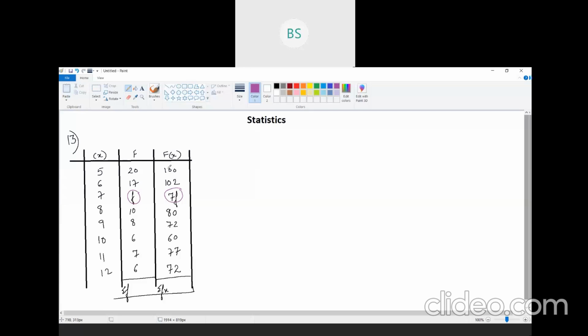Frequency will be 74, and the variable we write as plus f.